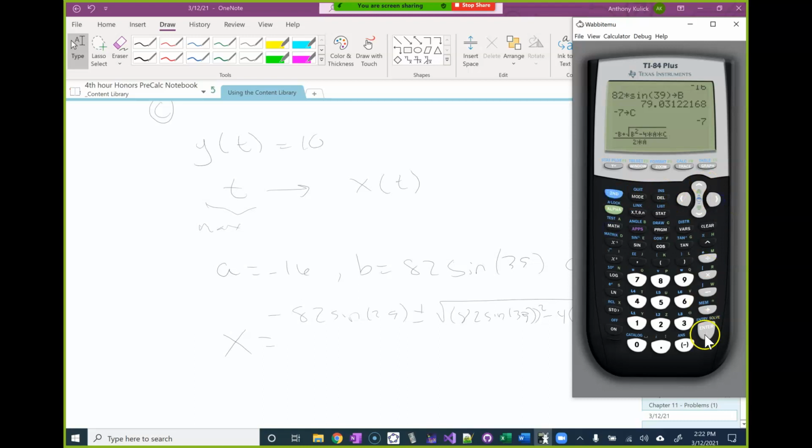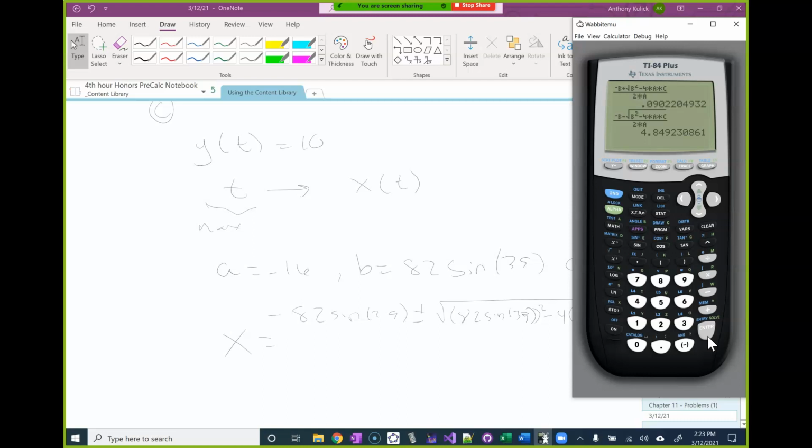So we can do that. There's one value for t. And then I'll just press second and enter, so it'll recall the last thing I typed in. And I can just trace back through here and change that plus to the minus and get my other answer.